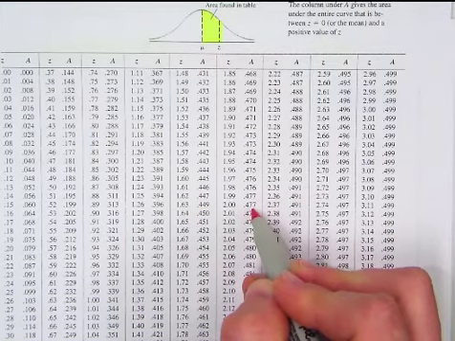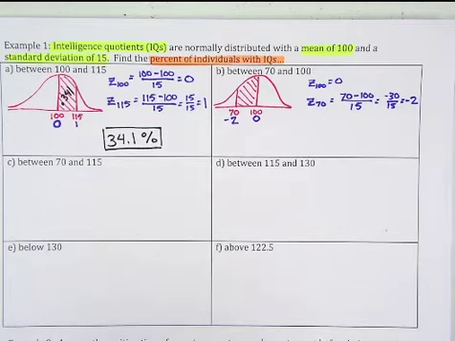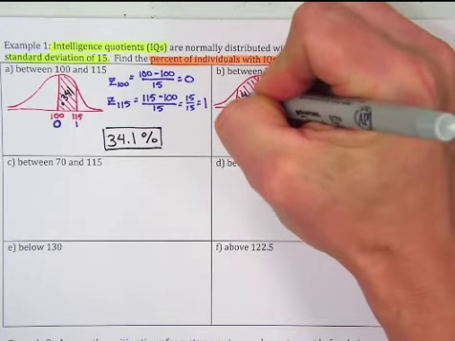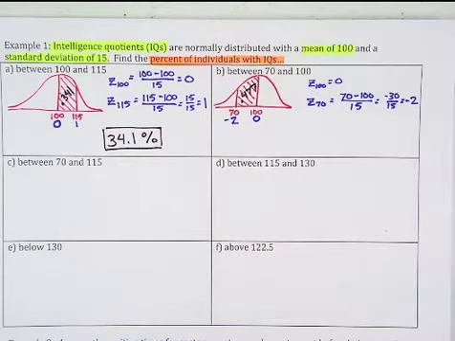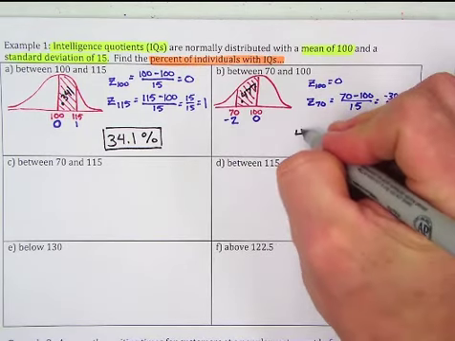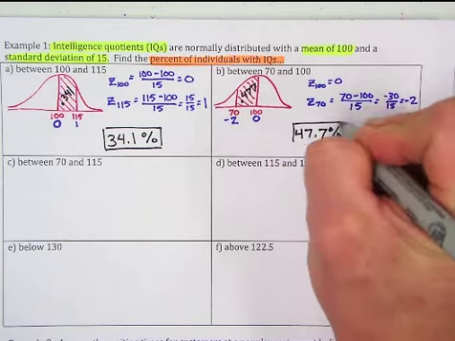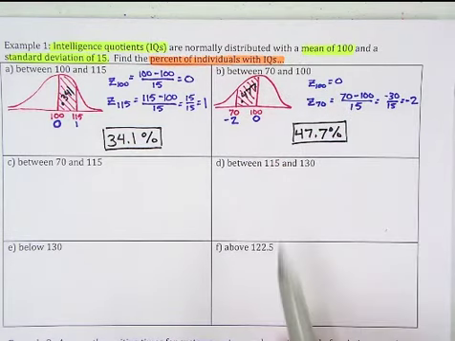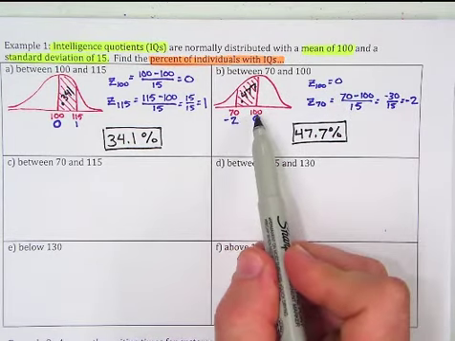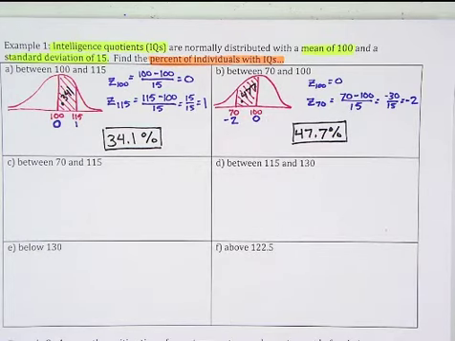So it's 0.477. So the area in here is 0.477. And so we have 47.7% of all people fall in the range of 70 to 100 IQ.